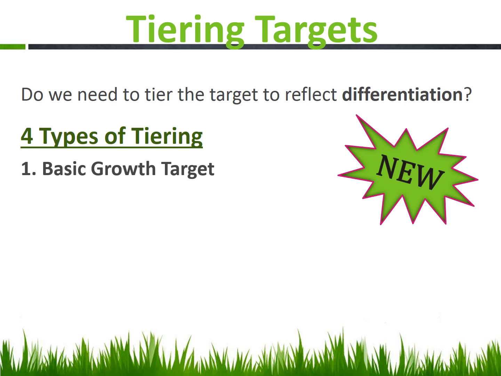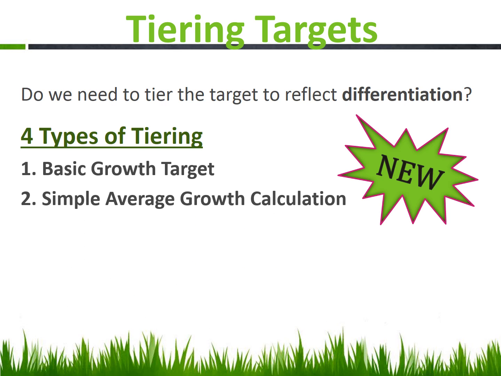So a basic growth target means that all students have the same growth target. For example, all of my students will grow by 20 points at the end of this interval of instruction, or 80% of my students will score at least 80% on a post-assessment. The second type is called a simple average growth calculation.